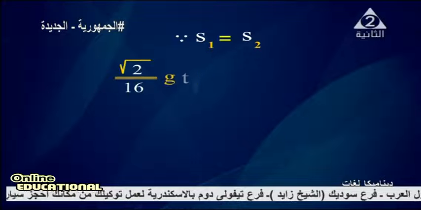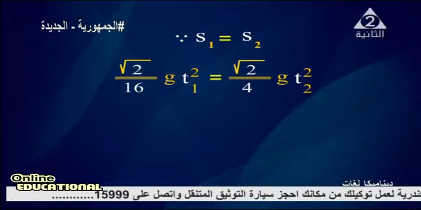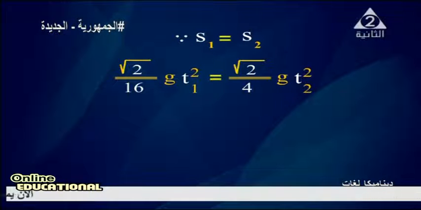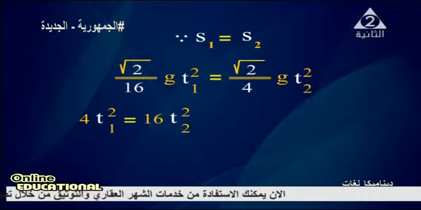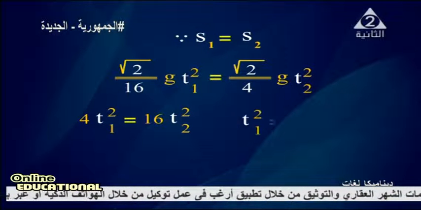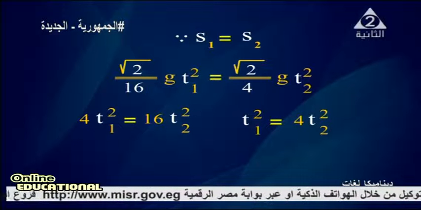Then S1 equals S2, so root 2 over 16 g t1 power 2 equals root 2 over 4 g t2 power 2. Then 4 t1 power 2 equals 16 t2 power 2, and t1 power 2 equals 4 t2 power 2.